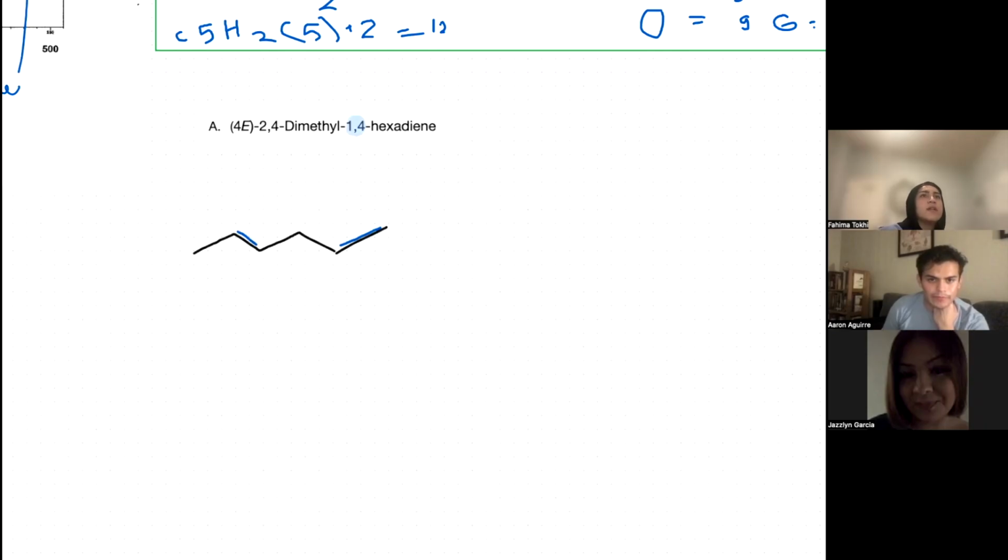And then you have your dimethyl, which I'll do in green. That's gonna be on my second substituent. And then my fourth one. And then the 4E is because of right here.